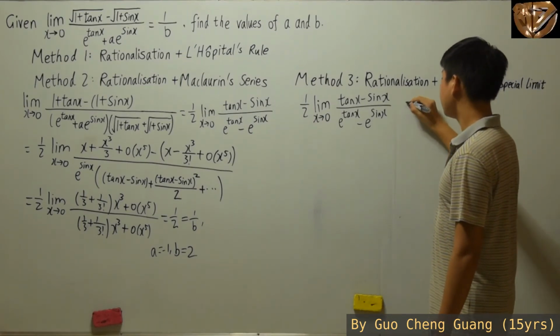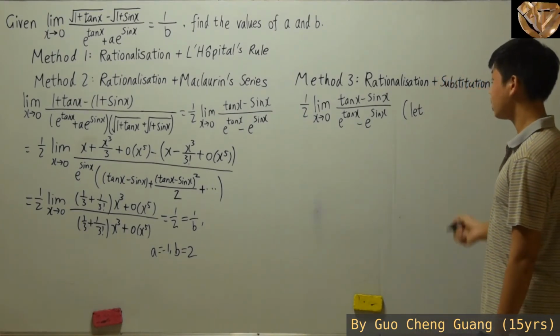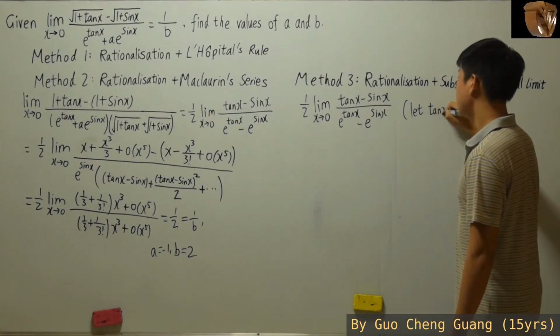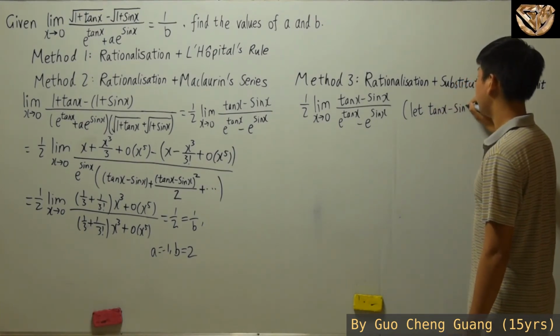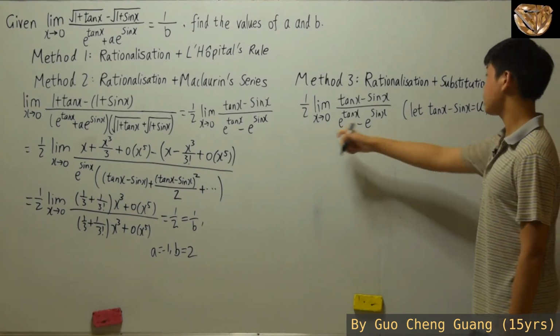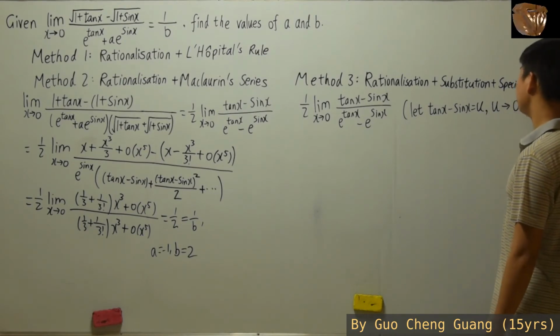The kind of substitution we're going to make is, let tangent x minus sine x be something called u. So when x approaches 0, u is going to approach 0.